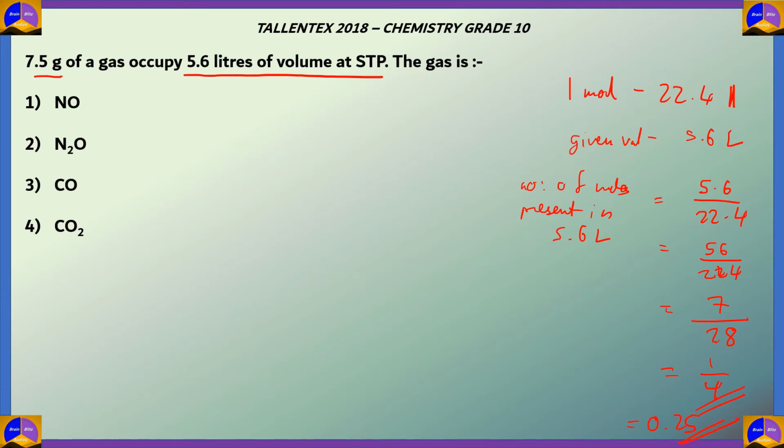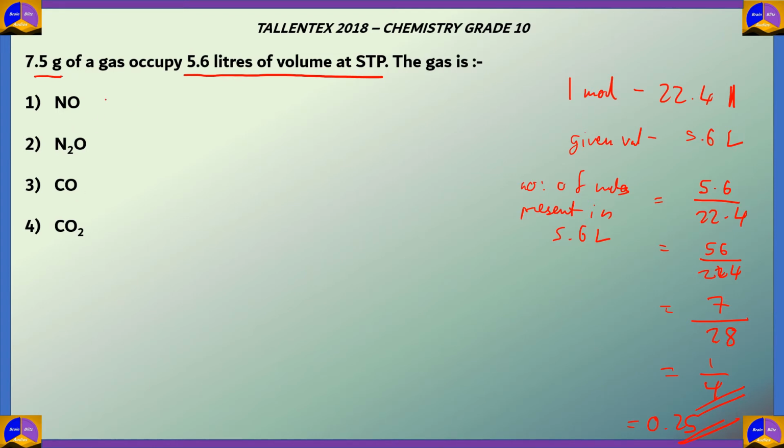So that's the number of moles present. Now we need to find out which gas has 7.5 grams as its mass for 0.25 moles. Is it NO, N2O, CO, CO2?